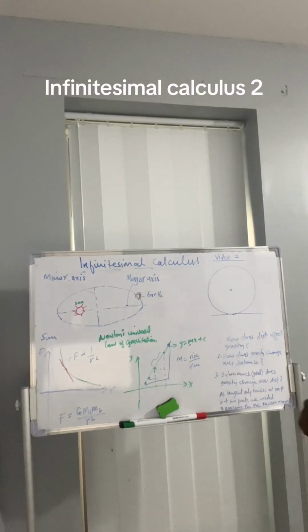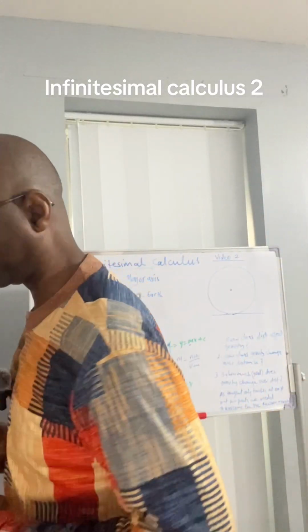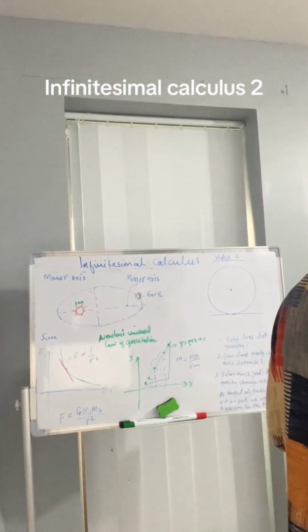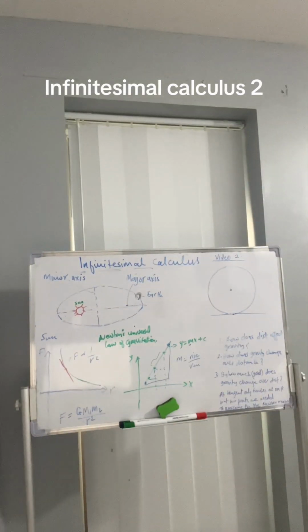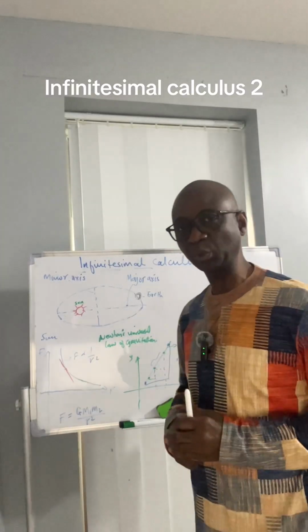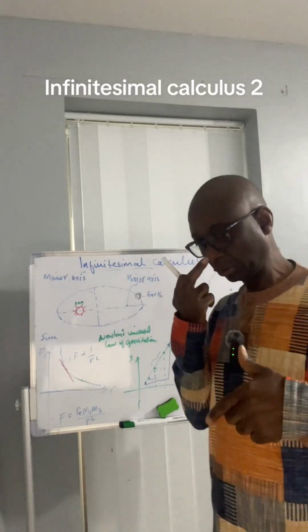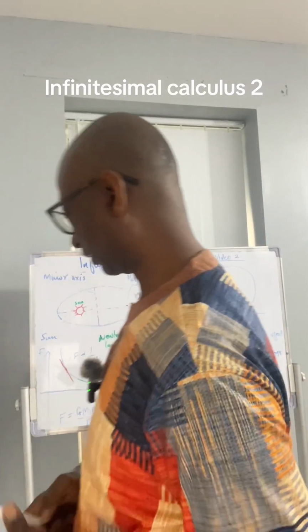For you to understand where this is coming from, let's take, for instance, you are driving your car and you are looking at your speedometer. It displays the speed you are driving at.